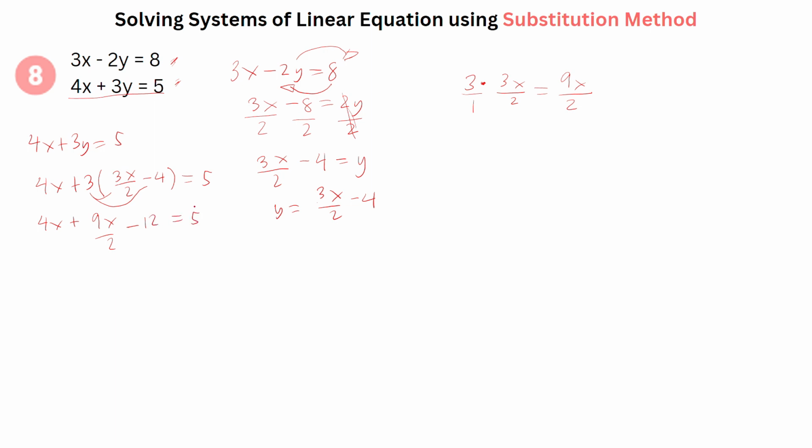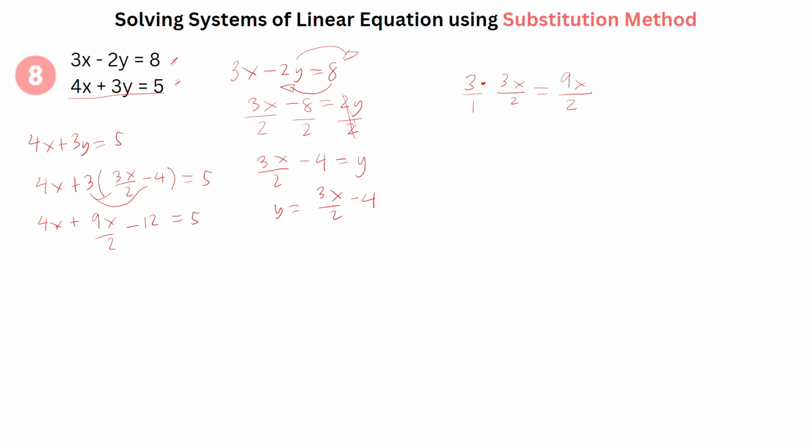Okay. Now what do we do? We have here a fraction, right? I hope you can still remember the one we did last time, when we have fractions in solving linear equations. What we do actually is we get the LCM, right? And this time, it's so easy to find the LCM because there's only one denominator. What's the denominator here? It's 2.